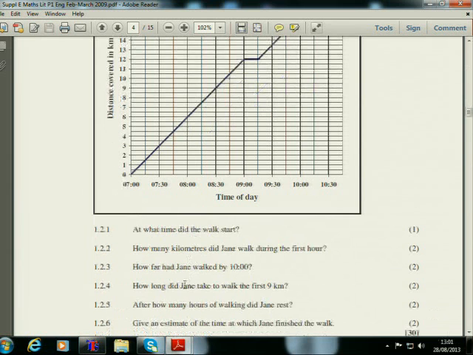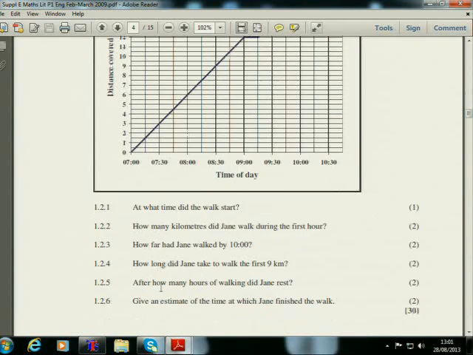And the next question, 1.2.4. How long did Jane take to walk the first 9 kilometers? If they say how long, it means the time. So we have to look at the time. The time is portrayed on our horizontal axis, but we have to look at our vertical axis to get the 9 kilometers.